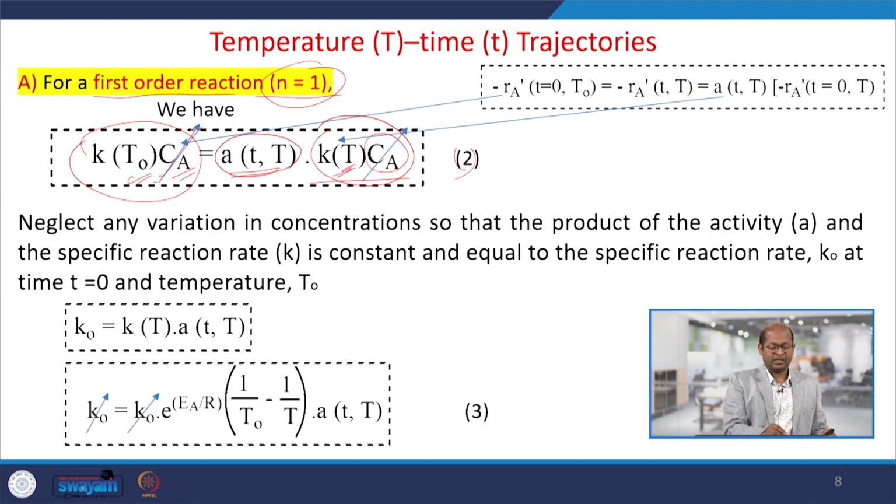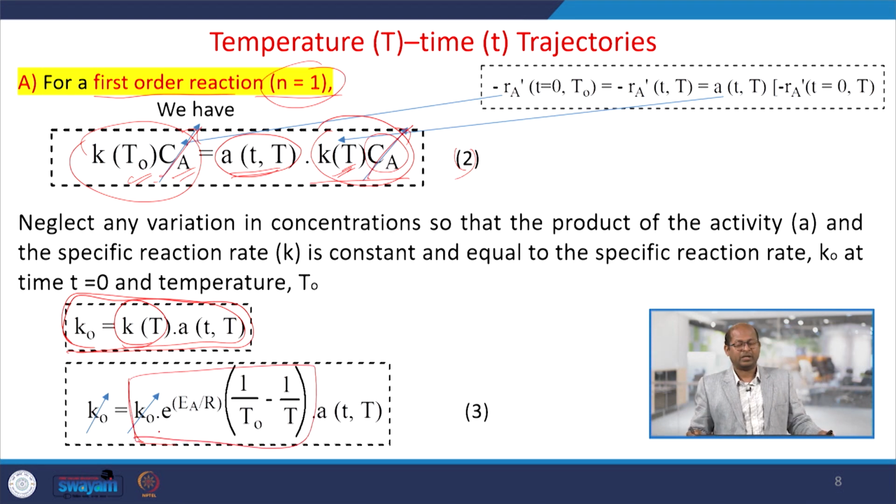So, here we are eliminating the Ca part from the left hand side and right hand side, then these equations will be this. Okay. So, here the left hand side is k0 and the right hand side k at T into a at T is there. Here k at T we can write as a function; this is the Arrhenius equation you know.